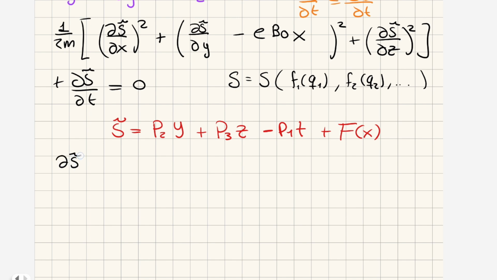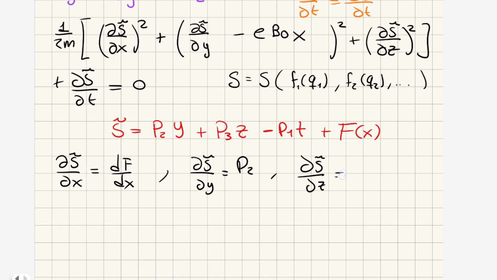So the derivative of s tilde with respect to x is, of course, the derivative of f with respect to x. The total derivative, right, because this is of only one variable. And then the partial of s tilde with respect to y will be p2. The partial of s tilde with respect to z will be p3. And then the partial of s tilde with respect to time will be minus p1.